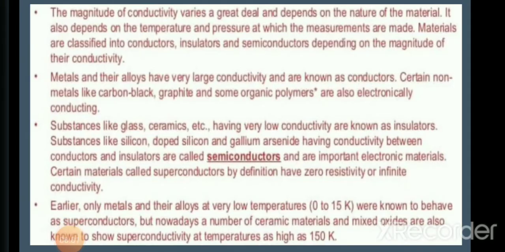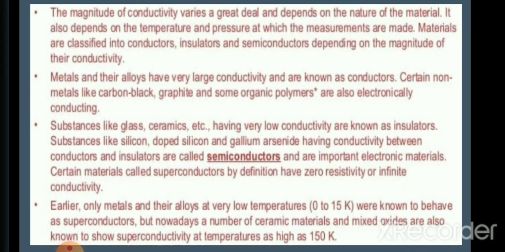Why is the study of conductivity important? Because materials are classified into conductors, insulators and semiconductors based on the magnitude of their conductivity. Metals and their alloys have very large conductivity and are known as conductors. Certain non-metals like carbon black, graphite and some organic polymers are also electronically conducting.